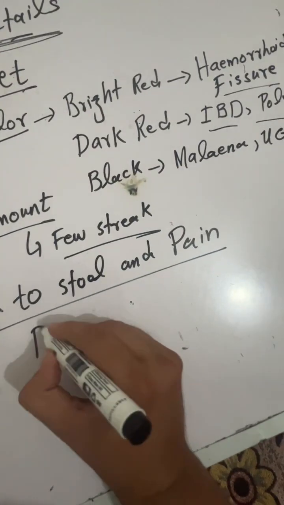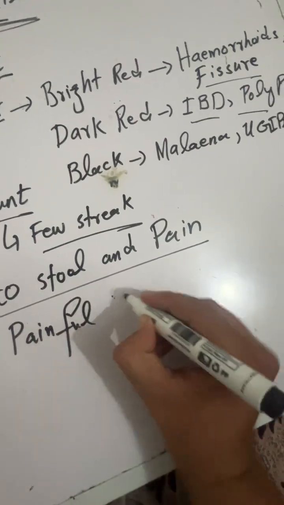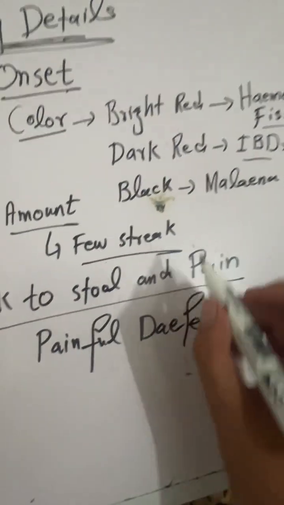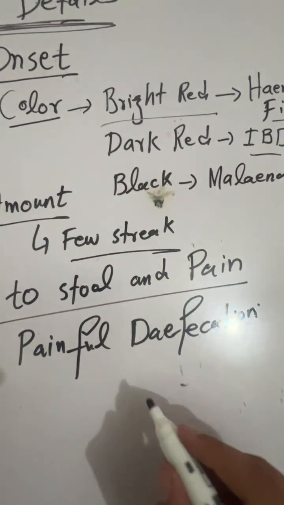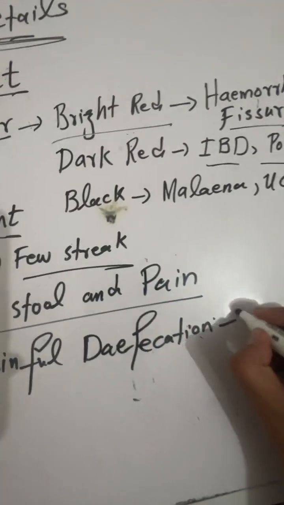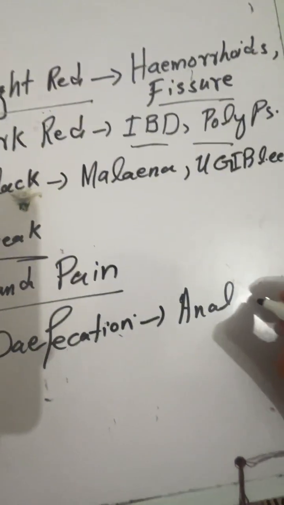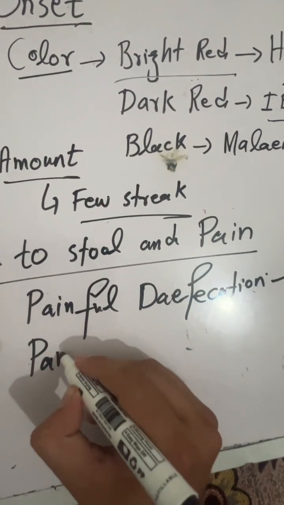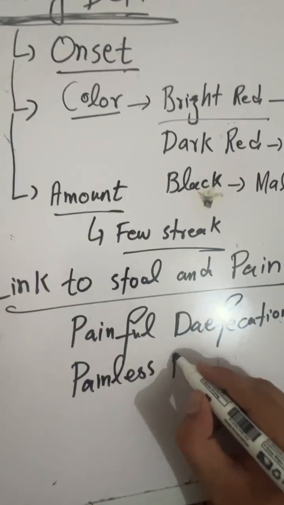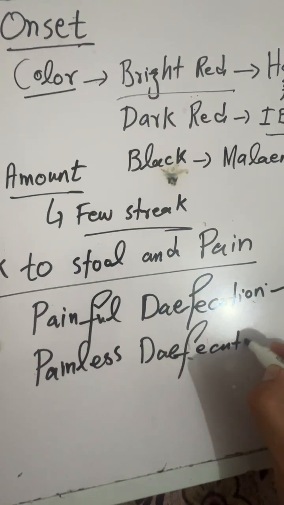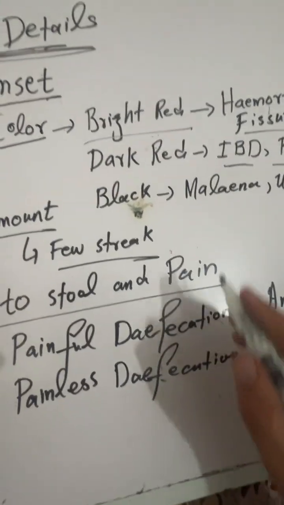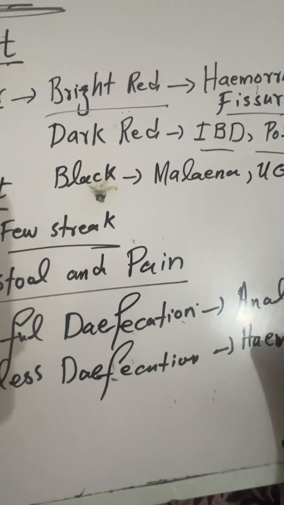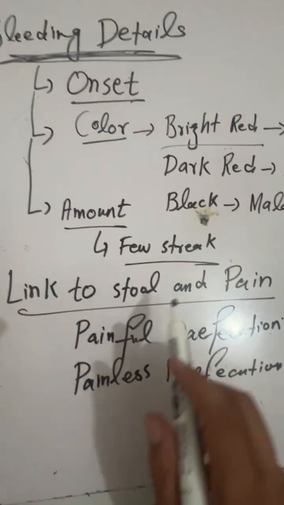If there is painful defecation plus bright red blood, it will denote an anal fissure. And if there is painless defecation, and there is bright red blood also, then this will be hemorrhoids. Okay, so that is the relation to pain.